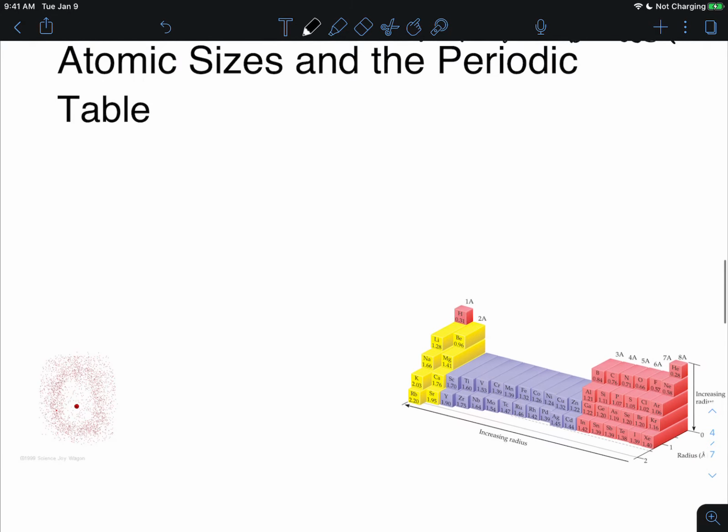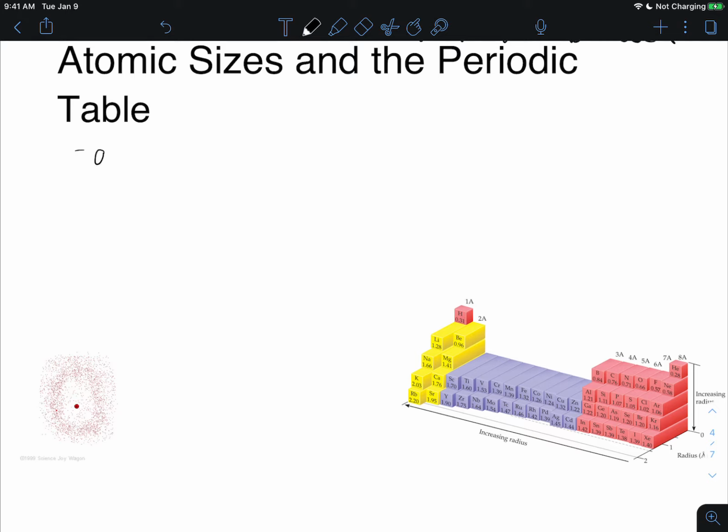So within our atomic size, we have a periodic trend, right? And the trend itself is going to be, as we go across the periodic table, we're going to decrease in size. As we go down the periodic table, we're going to increase in size.